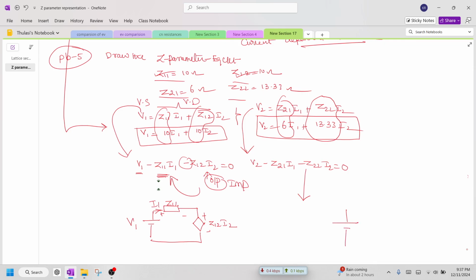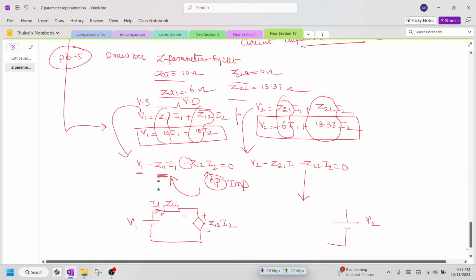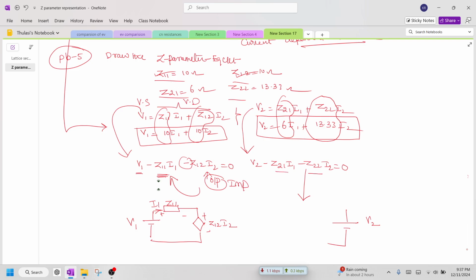So this is a voltage source V2, and here you have an impedance corresponding to the output side, Z22, and entering current is I2, with the terminals positive and negative.